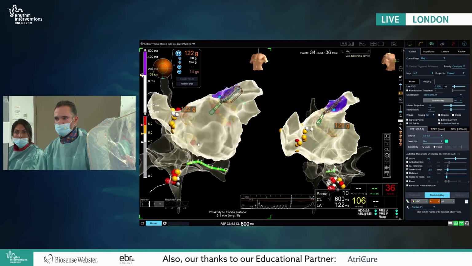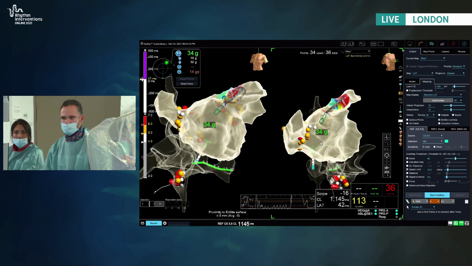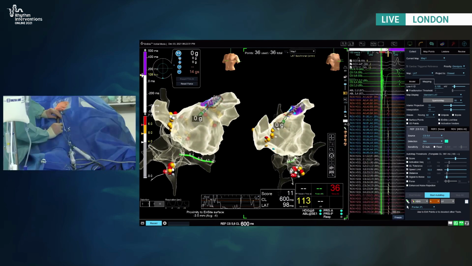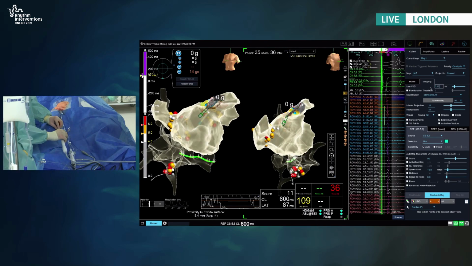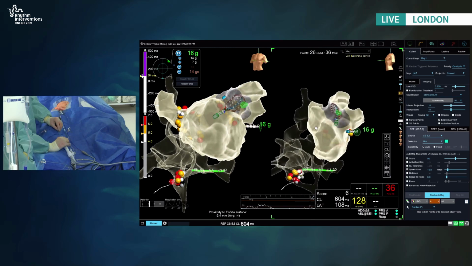With modern ways of delivering RF energy, with different formula-based approaches, the recurrence rates are so low that I generally don't routinely have a waiting phase. Certainly for first-time procedures, I isolate the veins and get out of there. I just think we're much better at creating lesions with the different ways of delivering RF we have now.